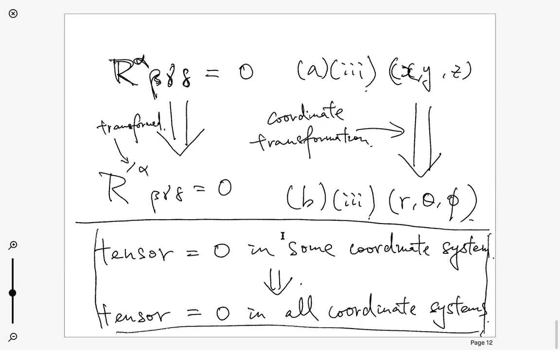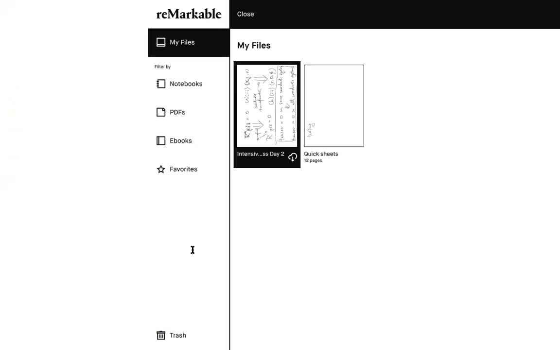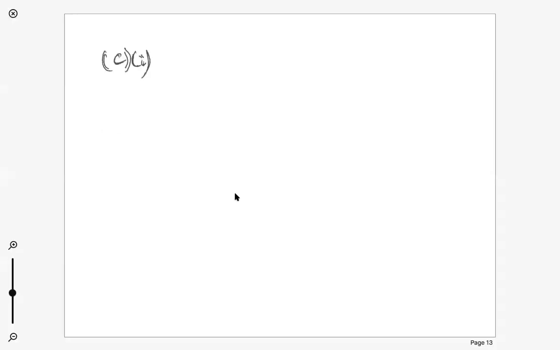Can anybody quickly answer this question? Do you understand the question? No. Winky said no. Yato also said no. Maybe let me write this down explicitly.